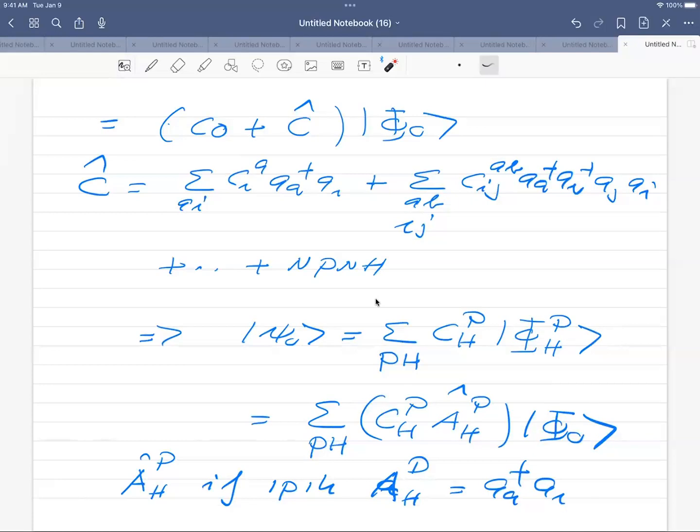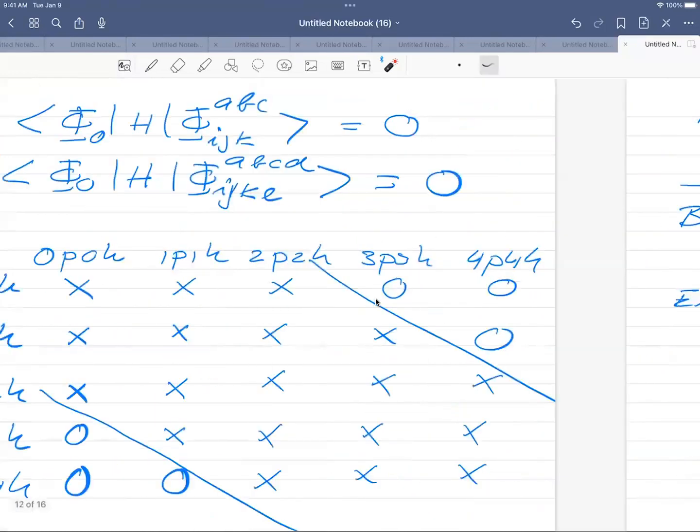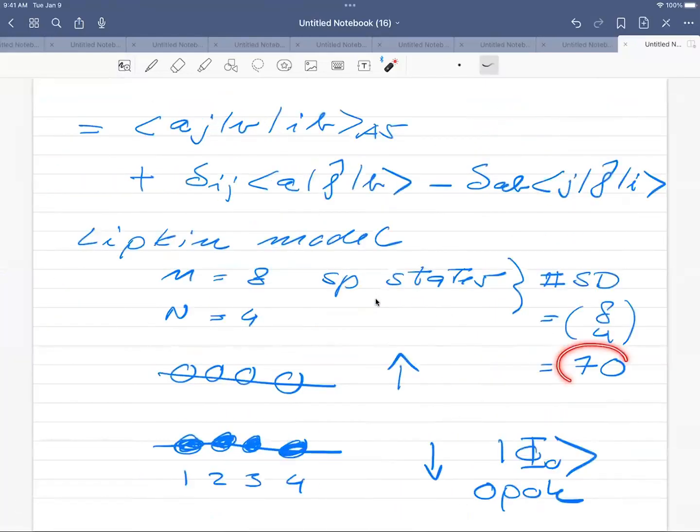And that's why I say if you can diagonalize the problem, you will get all these coefficients and you solve the problem. But as you've seen, even in this small case with the Lipkin model, which we discussed here, you have something like 70 states. So your matrix to diagonalize is going to be a 70 by 70 matrix.